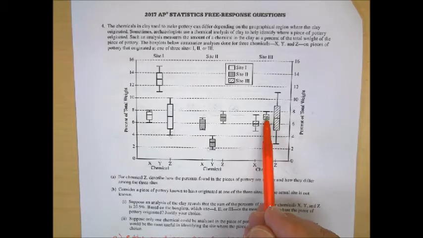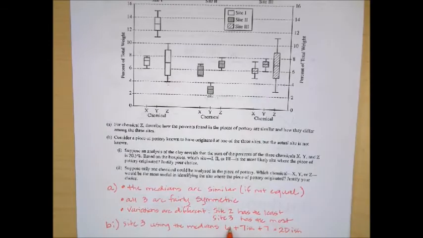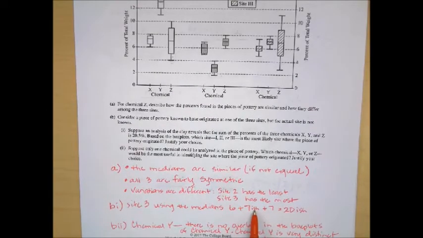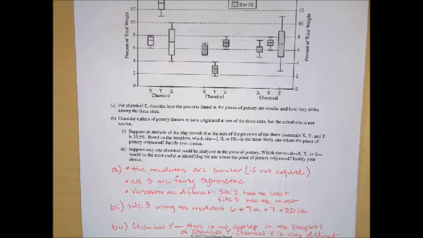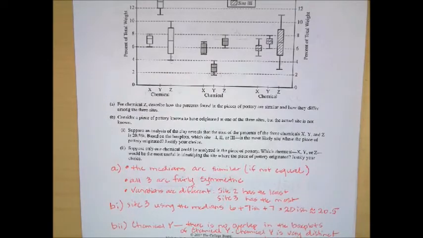And it looks like it's right in the middle, and it looks like it's 7 for chemical Z. So you take a 6 plus a little bit more than 7 plus 7, and there you are. You're a little bit more than 20, which is really close, approximately 20.5, which is what they asked for.